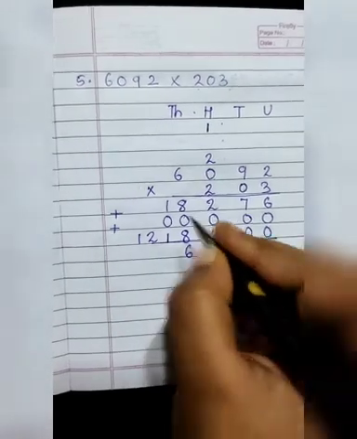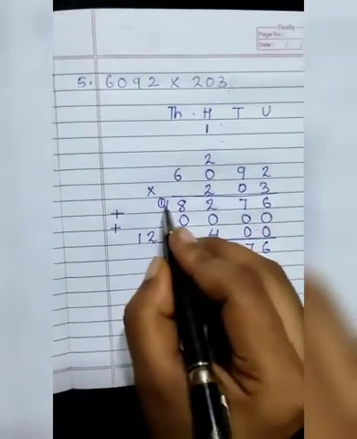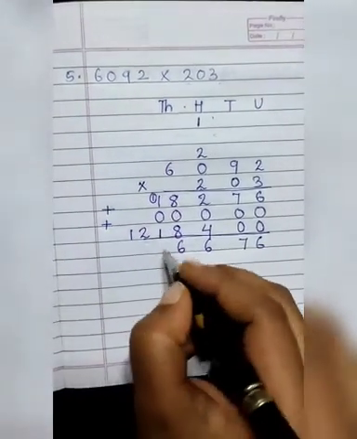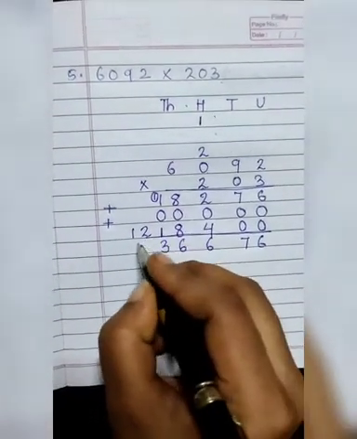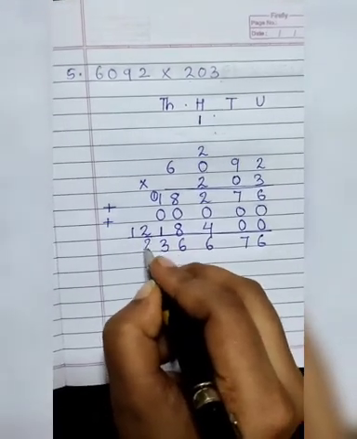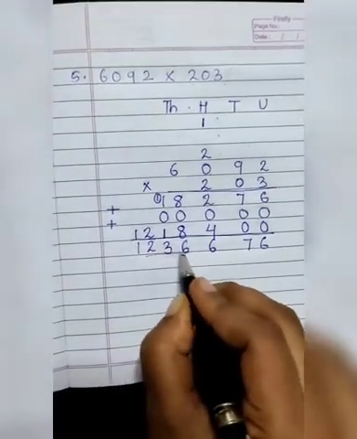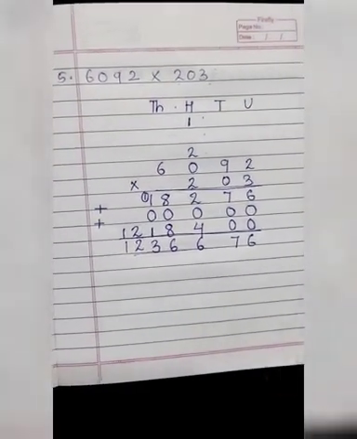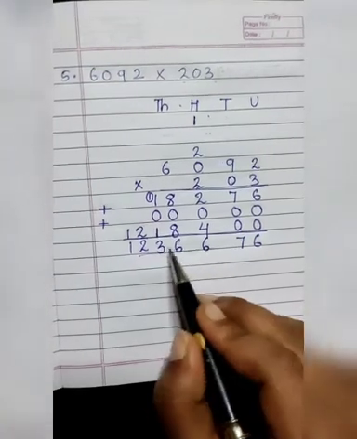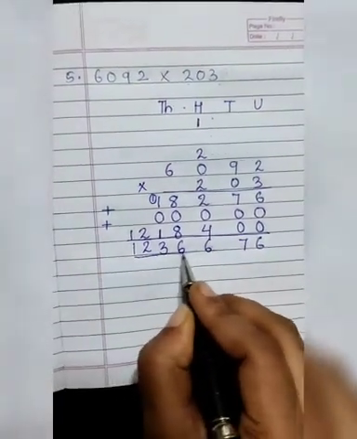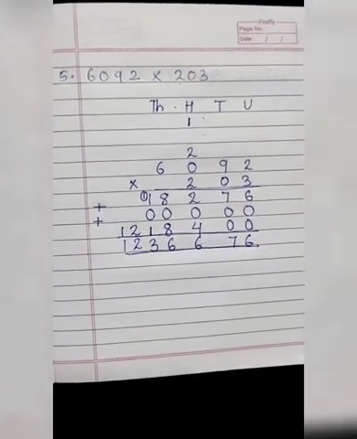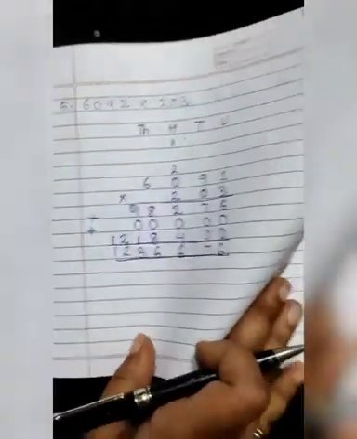So 6 here and 1 we will do carry. 1 plus 1 will be 2. Plus 0 plus 1 will be 3. Then 2 we will write as it is and 1 we will write as it is. So your answer is 12,36,676. Now next sum we'll be doing on the next page.